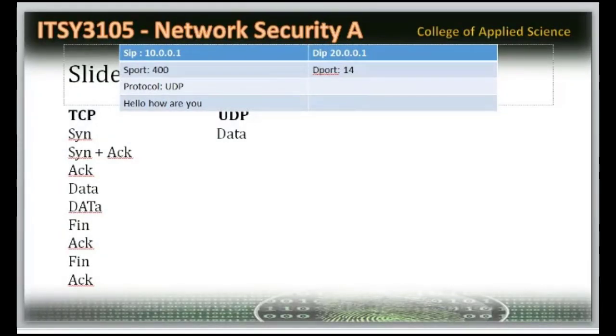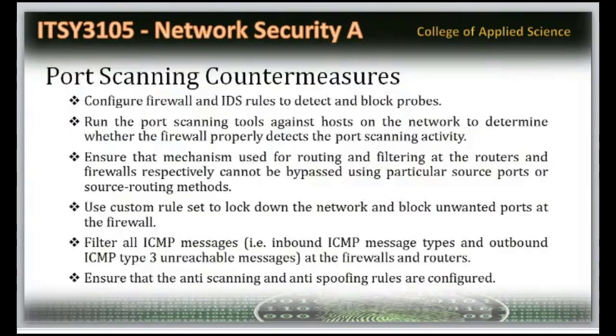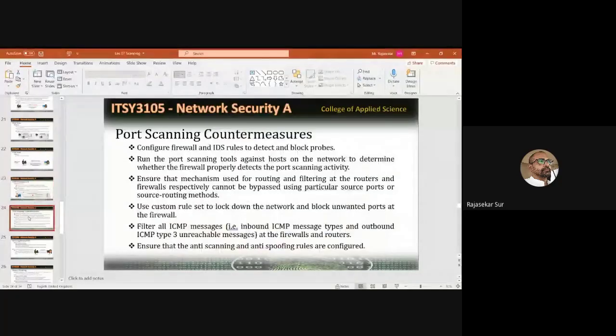So up to this point, we are completing the major concepts. Next is port scanning countermeasures. Now we are the target machines. So far, we have been discussing from the attacker's point of view. But now you have to change your perception: you are the target now.